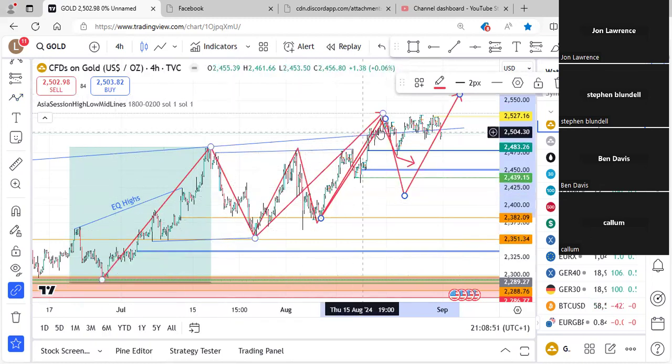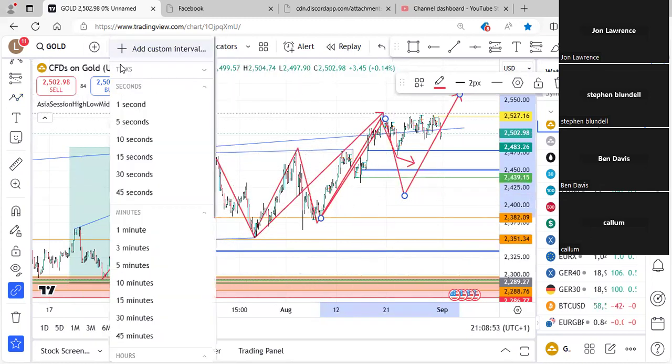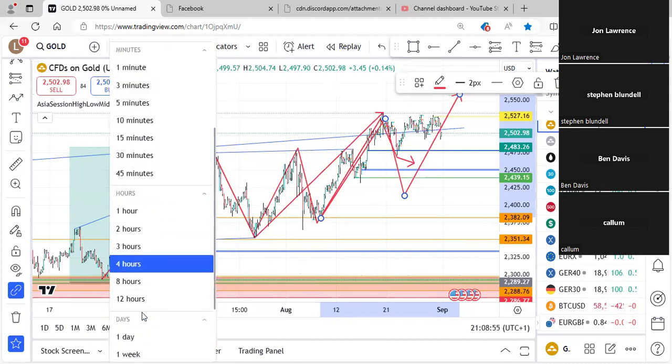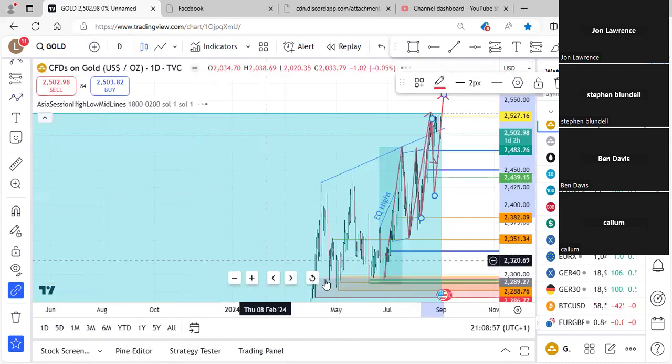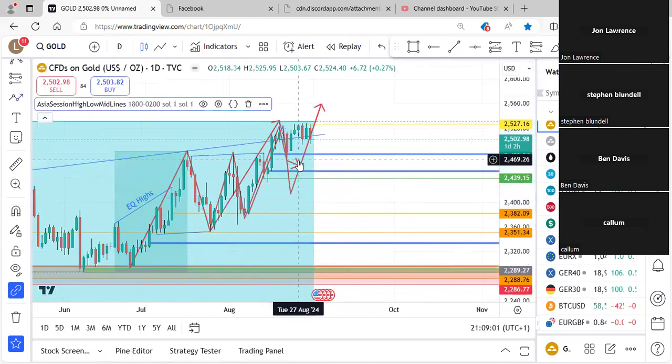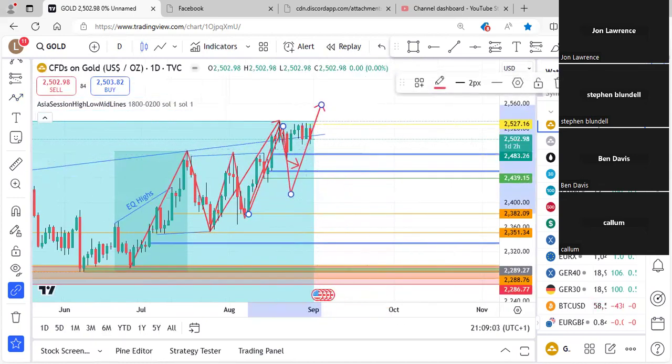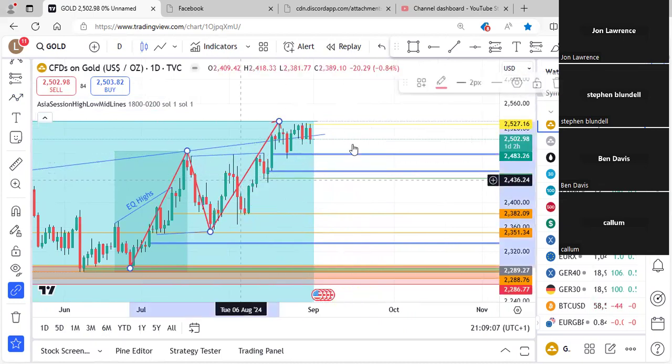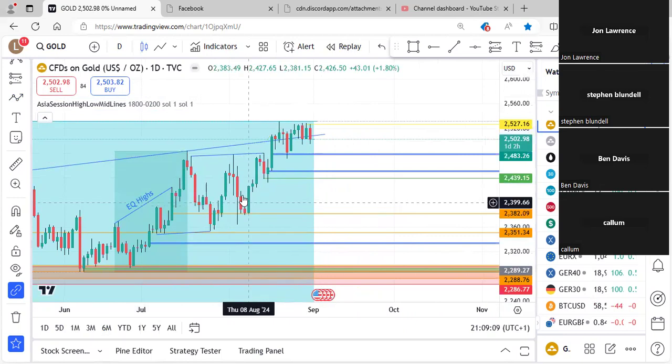Have you had a look at it on the daily? No, mate. There were a few bits which I noticed on the daily. So you've got your green line there. Obviously, there's that imbalance level to the big green one there.